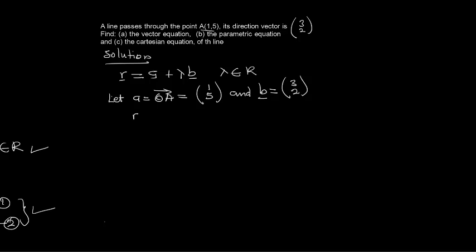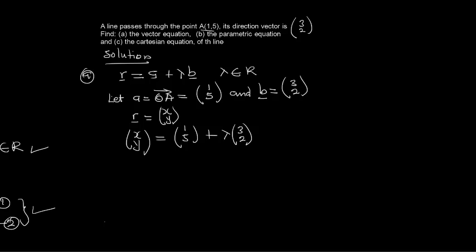Vector r is equal to (x, y), an arbitrary point, and we use that to find the vector equation. We then have (x, y) is equal to (1, 5) plus lambda (3, 2). This is the A part of the question, the vector equation of the line.